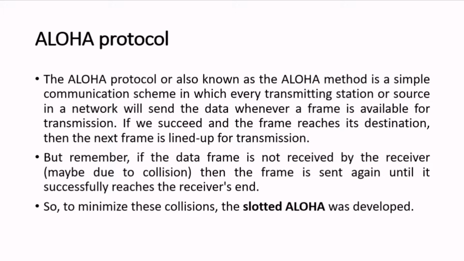If we succeed and the frame reaches its destination, then the next frame is lined up for transmission. This has no slot or anything, just randomly transmit. But remember, if the data frame is not received by the receiver, maybe due to collision or packet loss, then the frame is sent again until it successfully reaches the receiving end.